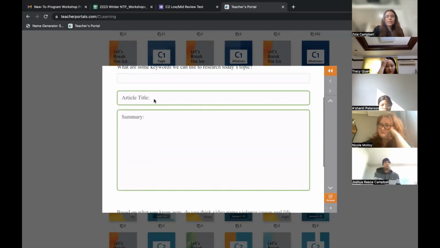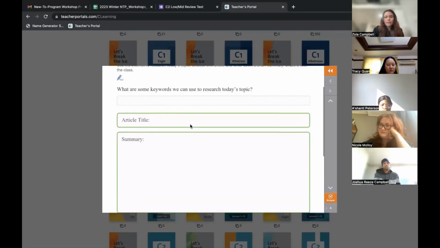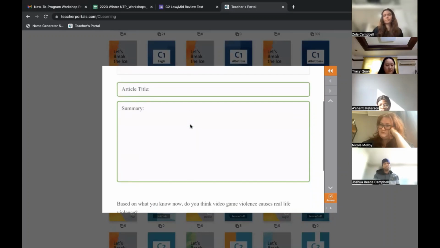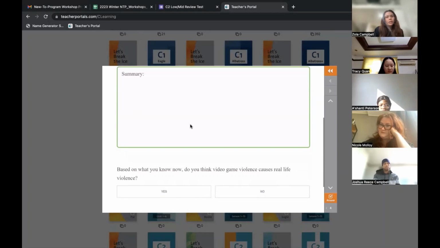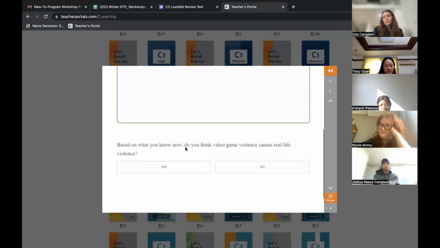This might be a bit difficult for them to do, so you can actually find some articles in advance and have them just choose from the articles that you found in advance. That way they don't spend all their time looking for an article. And then you can have them share what they found. And then this part would just depend on if you do this page.